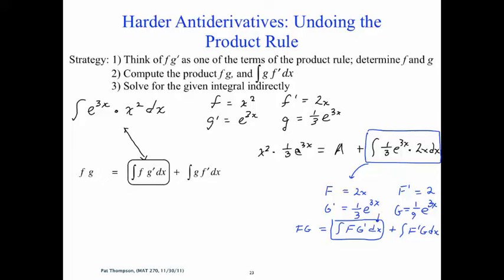I'll call that B this time. So B equals capital FG minus this one. So it's going to be 2x times 1/9 e to the 3x minus this integral, f prime 2 times g 1/9 e to the 3x dx.